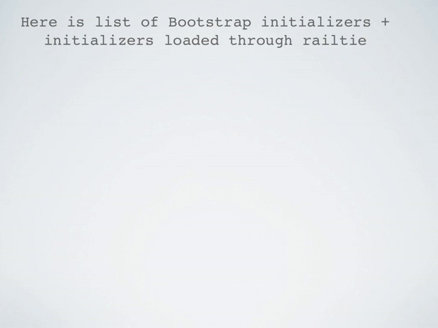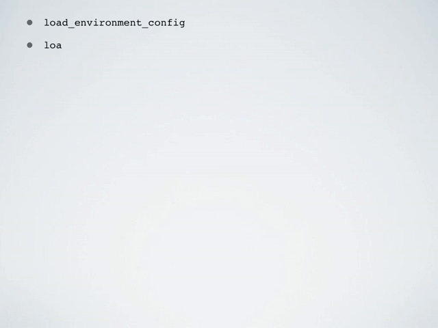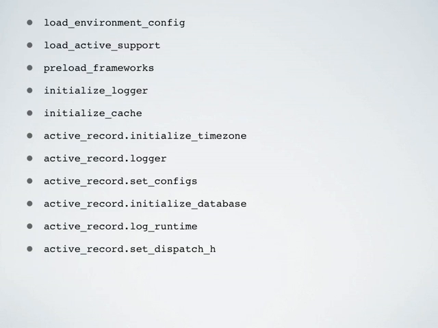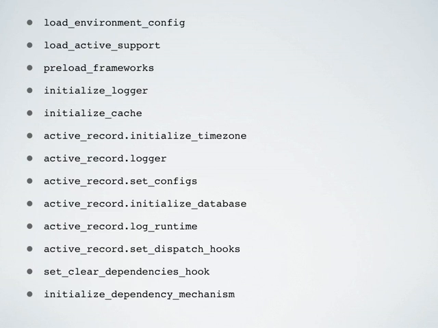So let's look at a list of some of the bootstrap initializers plus initializers loaded through railtie. So here we have a bunch of initializers. We already looked at some of them, for example, ActiveRecord.logger and ActiveRecord.log runtime.